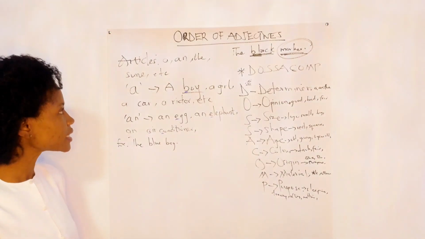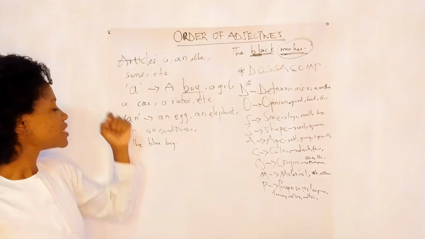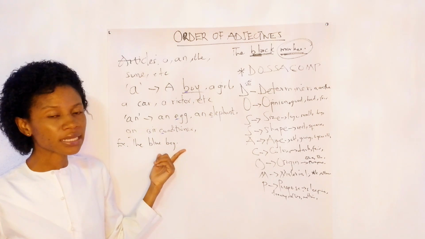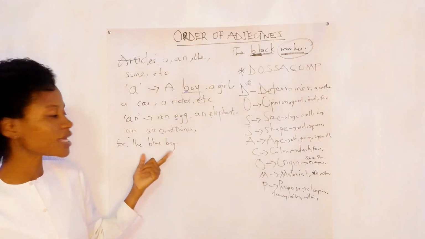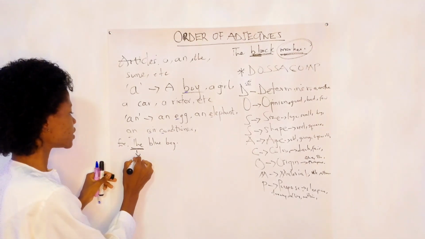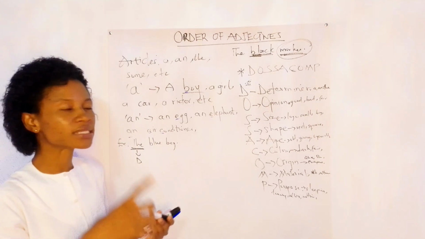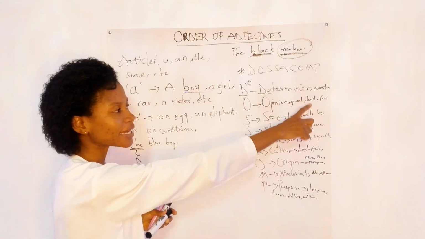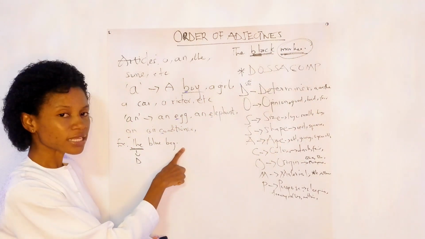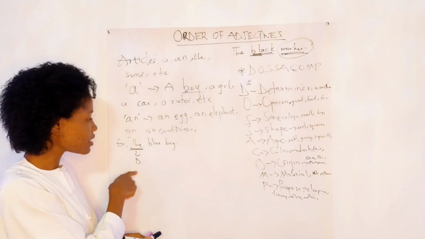Why? We said in the order of adjectives, the determiner has to come first. What's the determiner in this sentence? The determiner here is "the". Examples of determiner, we said a, an, the, any, and so on. In this statement we have "the", so the determiner begins.